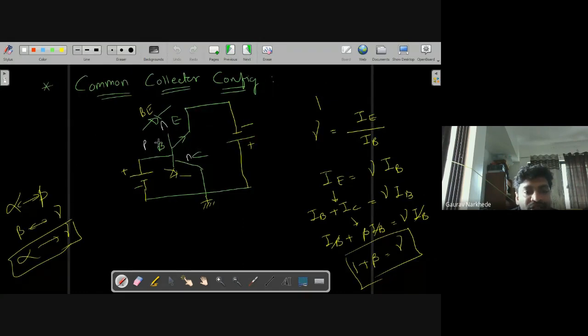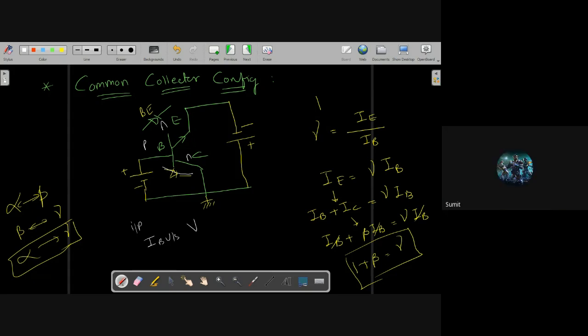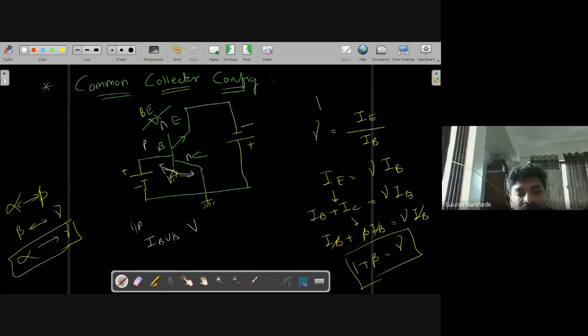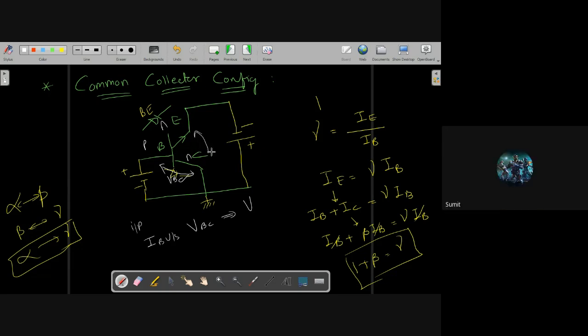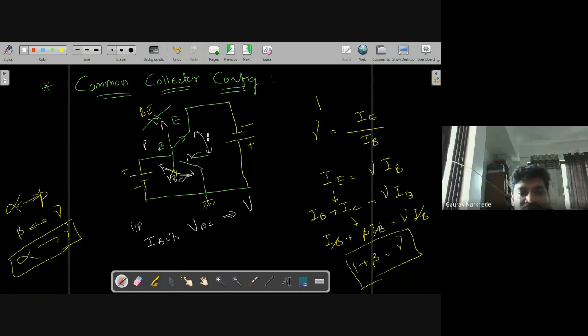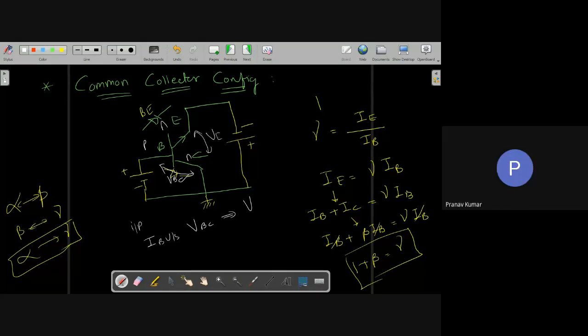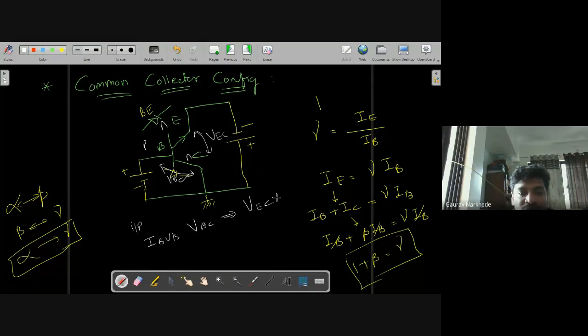Common collector configuration. Can you tell me, input characteristics is a graph of IB versus VBC? See, in the input, the input is going between base and collector. Okay, what is constant? VCE, the voltage between collector and emitter.